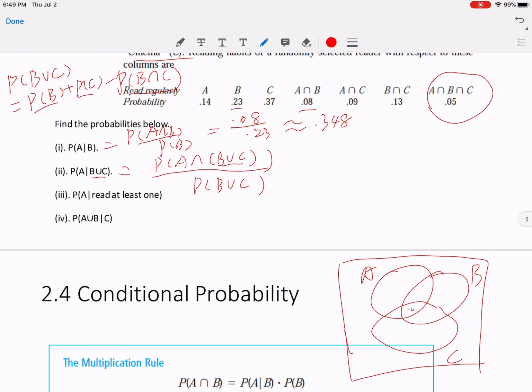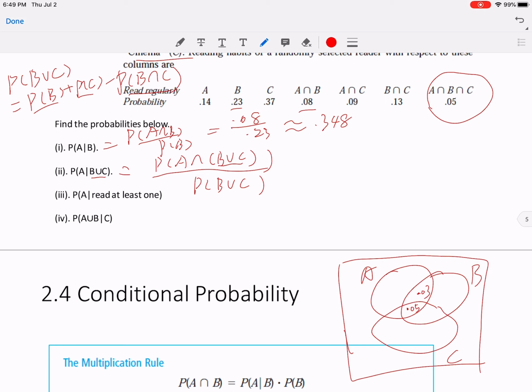So we get a 0.05 here. And then let's take a look at this part over here. This part plus this center part would be A intersection B. So A intersection B minus 0.05 will give us this part, which is 0.03.